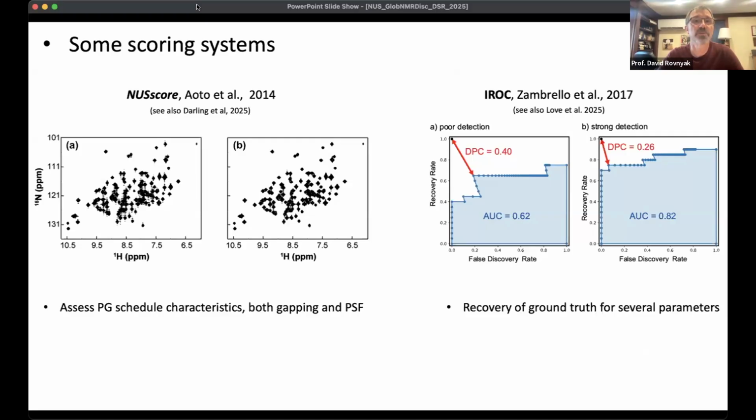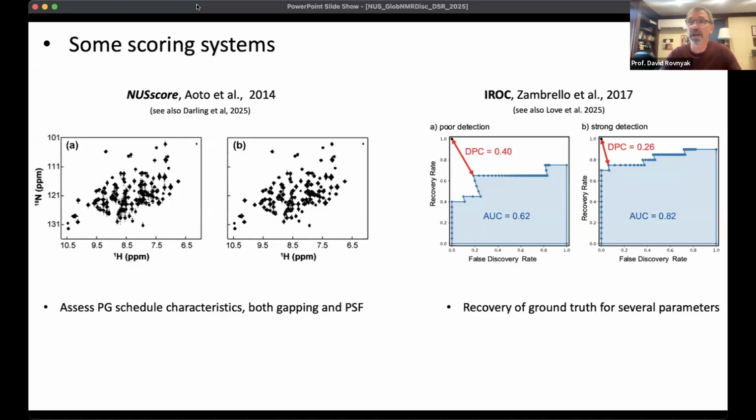I wanted to mention NUS Score from Aoto and Wright that's recently been revisited in 2025 by Darling et al. And I wanted to mention the IROC method by Zambrello and Schuyler, which again has been revisited recently in 2025. Both of these seek to help us score and feel more confident in the sampling schedules that we're using.